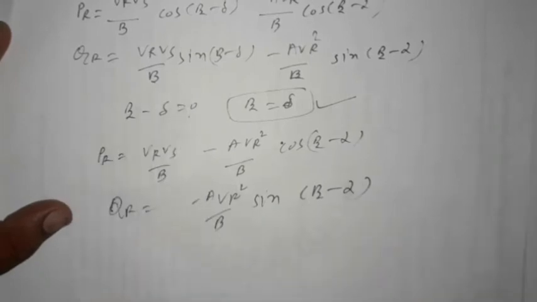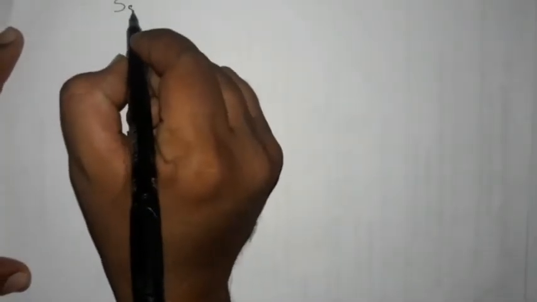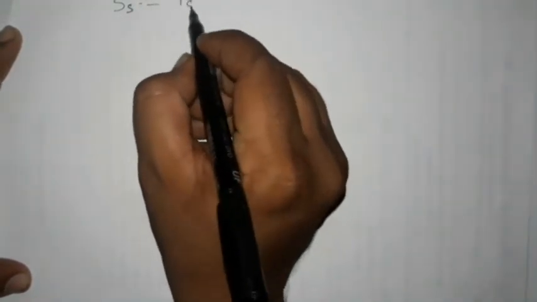Now we find the value of active power and reactive power for the sending end. The sending end total power is SS, our apparent power, active power plus reactive power at the sending end, which is equal to Vs into Is conjugate.